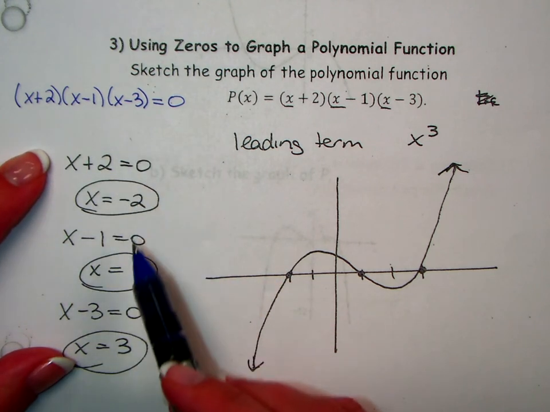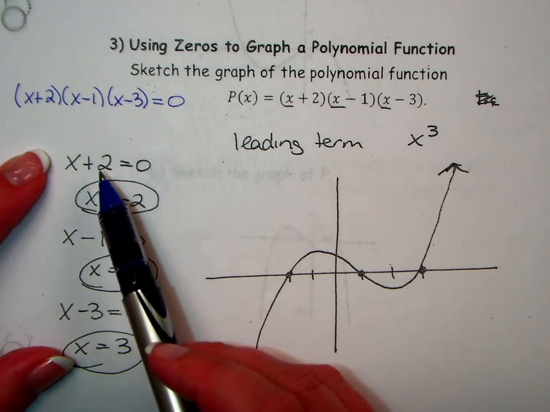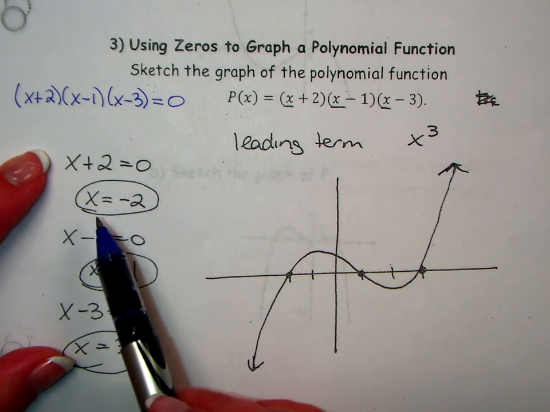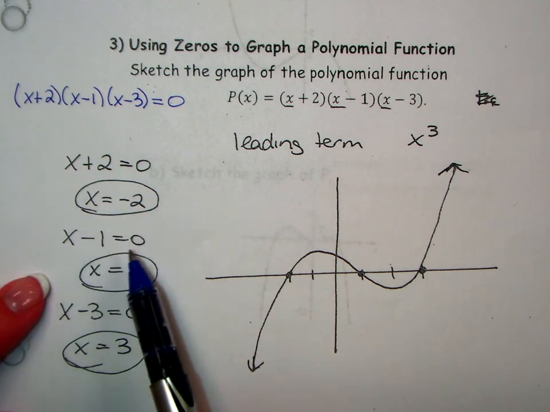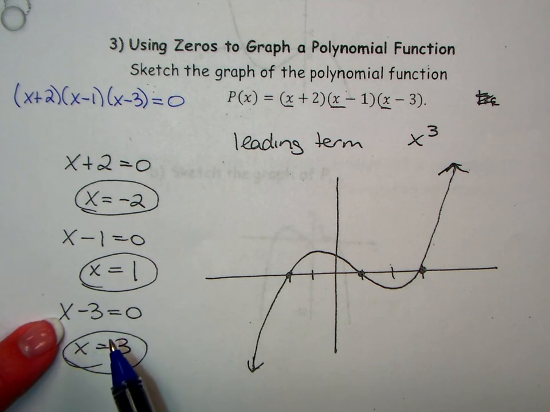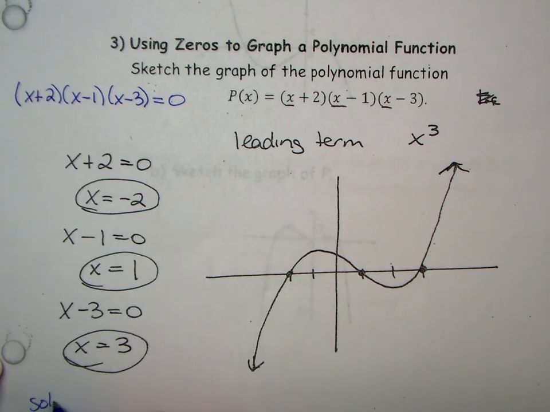X plus 2 equals 0, x minus 1 equals 0, x minus 3 equals 0, and then we would solve these, right? We subtract 2 from both sides and get x equals negative 2, add 1 to both sides, get x equals 1, add 3 to both sides, get x equals 3. Okay, negative 2, 1, and 3 are the solutions, right?